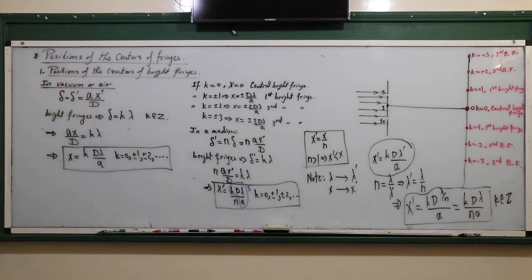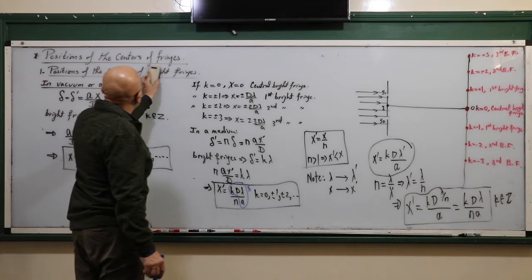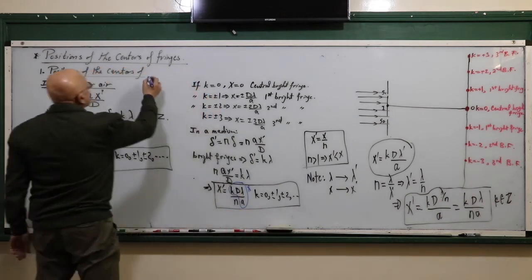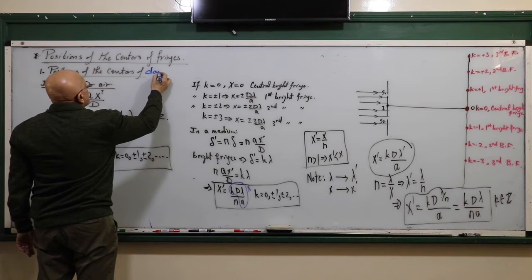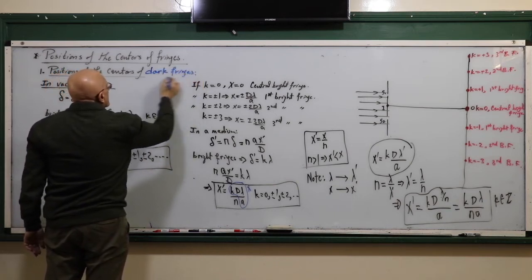How to find the positions of dark fringes? Positions of the centers of the dark fringes. So I'm going to change here bright fringes and write dark fringes, okay?